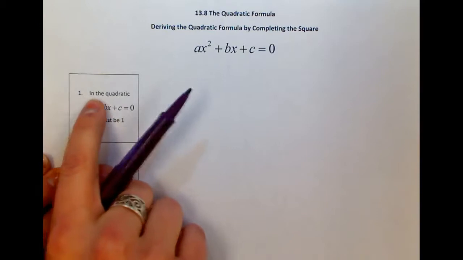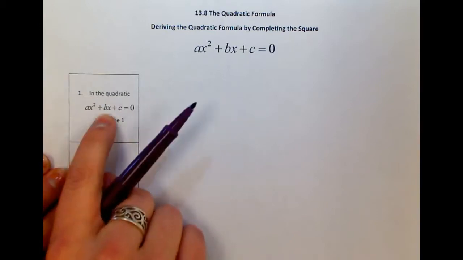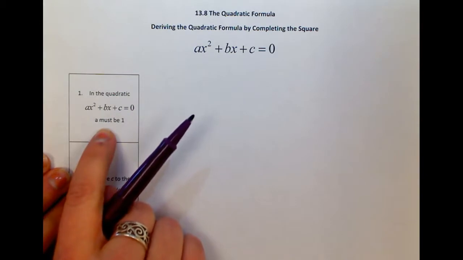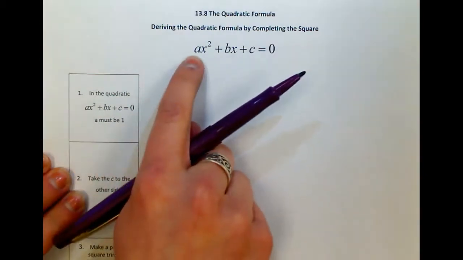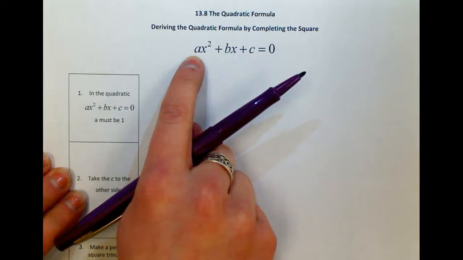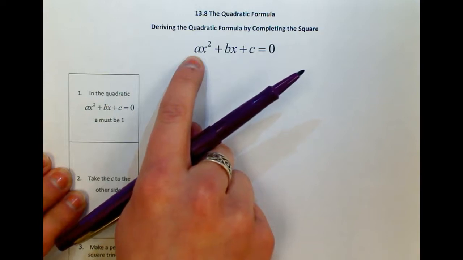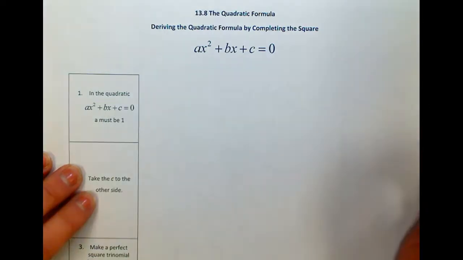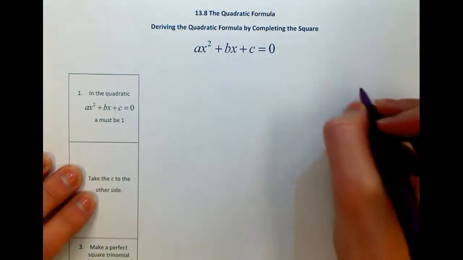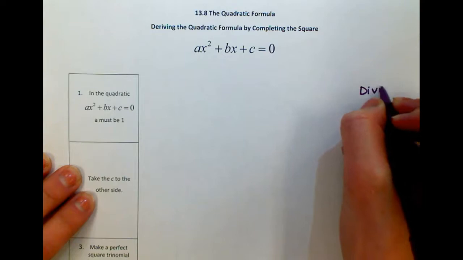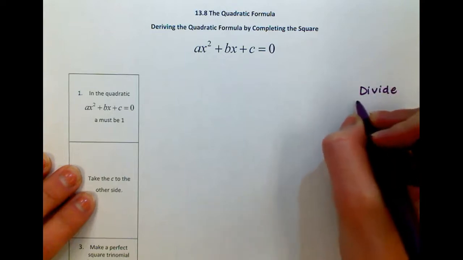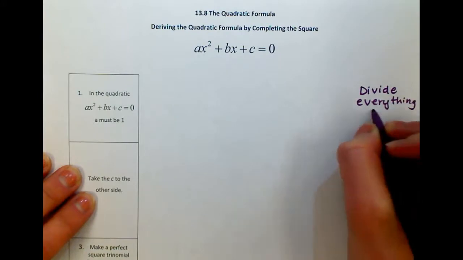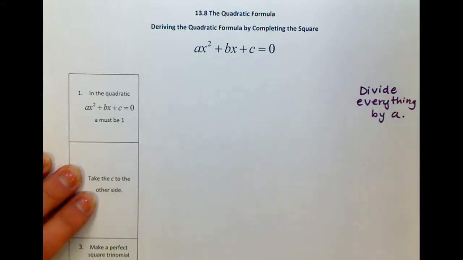The first thing, in the quadratic, ax squared plus bx plus c equals 0, a must be 1. Right now we actually have an a there, and I need that to be 1x squared, not ax squared. So the first thing I'm going to do is divide everything by a.